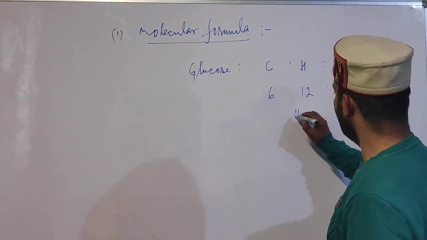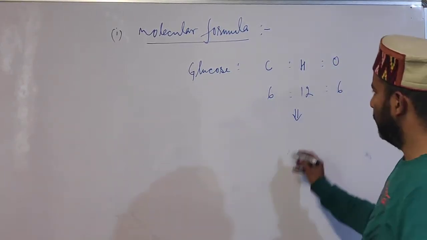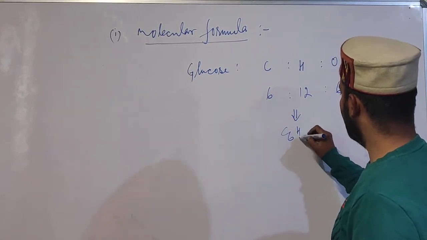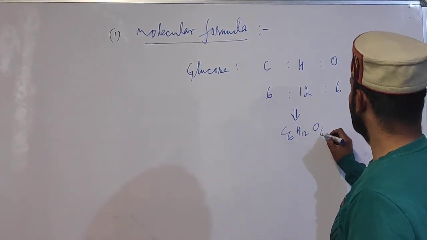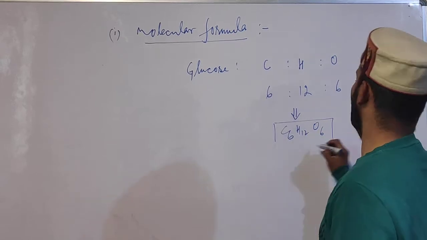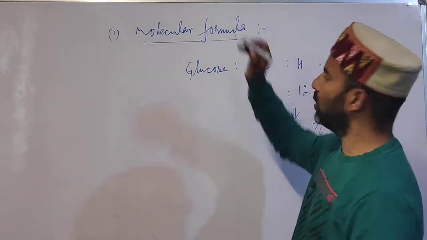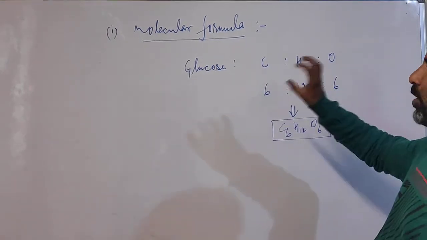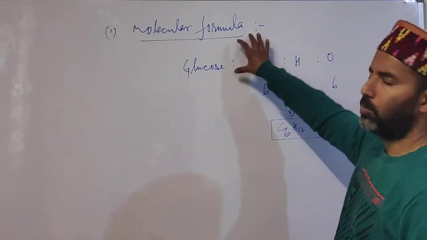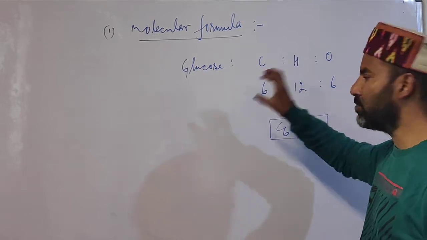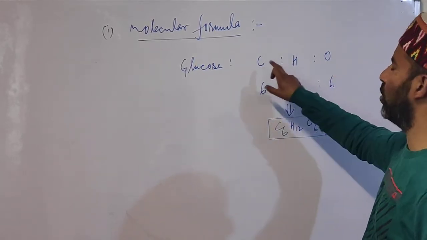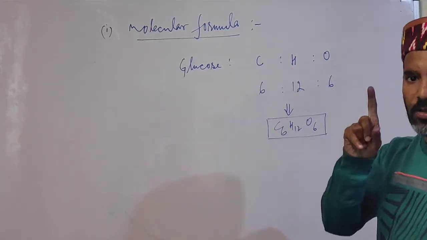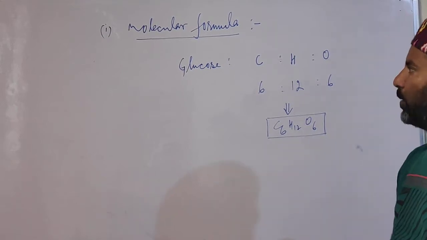So using this information we write the formula C6H12O6. So this represents what? This is the molecular formula of glucose. So molecular formula simply means the formula that gives the exact number of atoms of various elements present in one molecule of a compound.